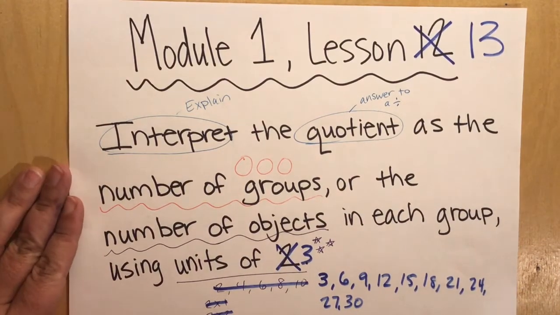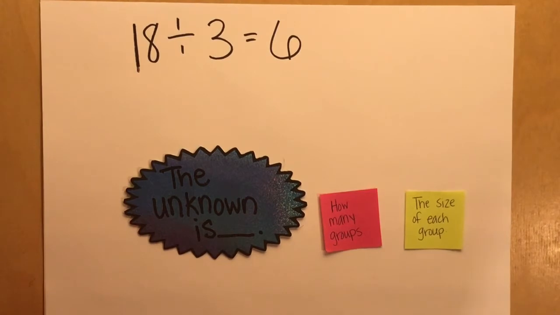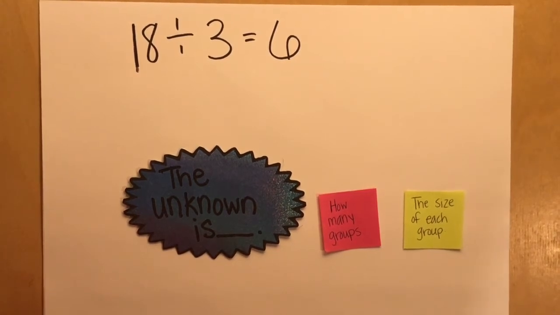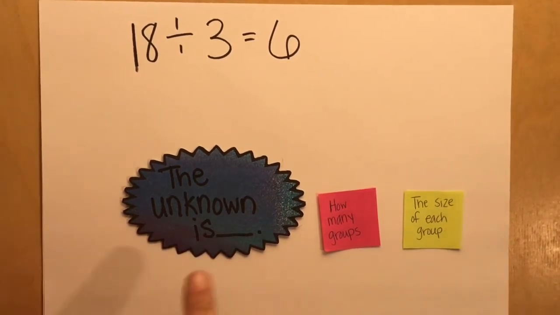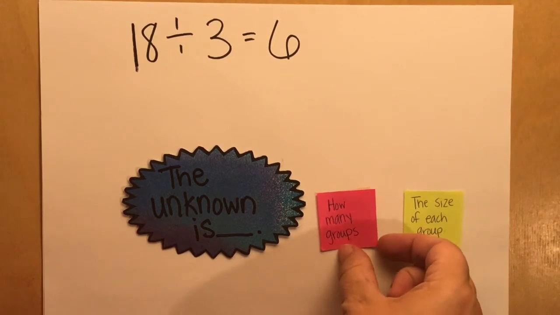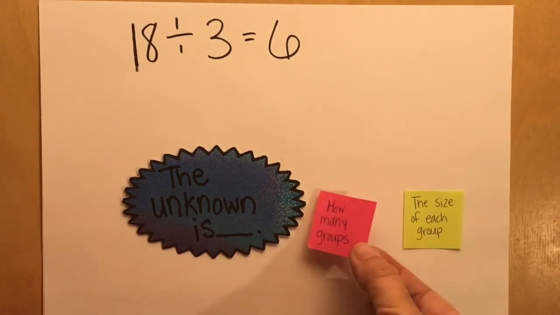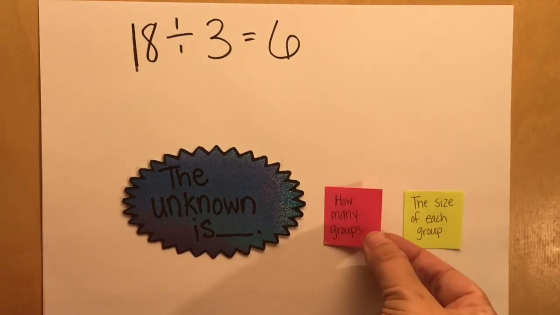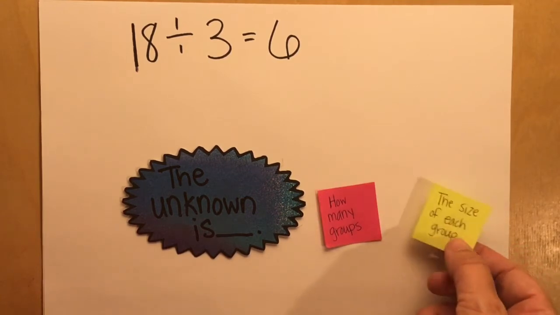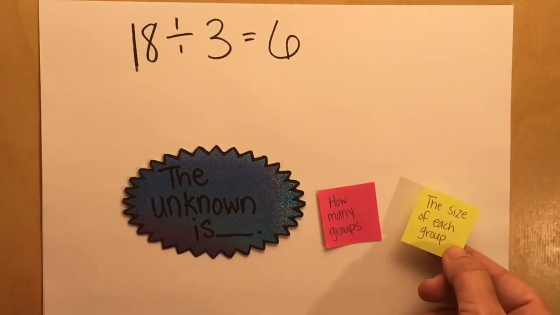Let's get started. Remember that the goal of today's lesson, just like yesterday's, is to decide if your unknown is trying to find how many groups you have to make, or if your unknown is trying to find out the size of each of the groups.